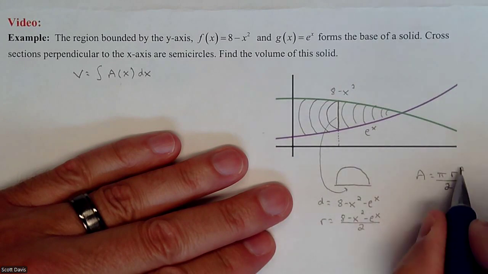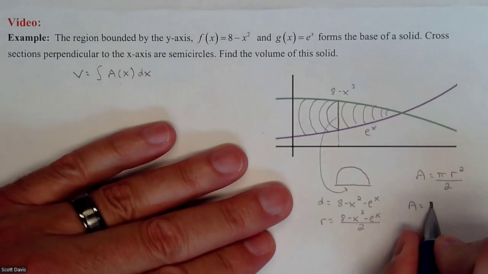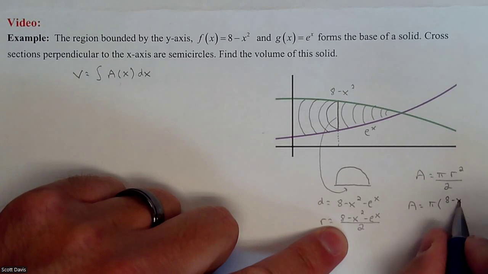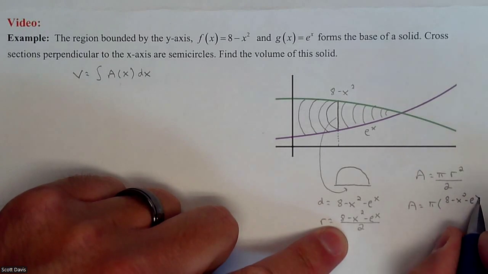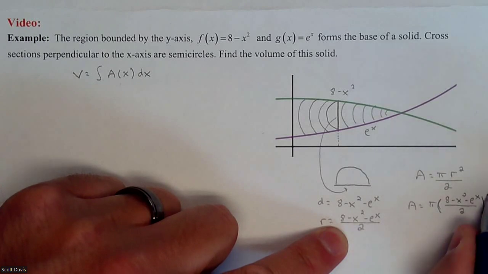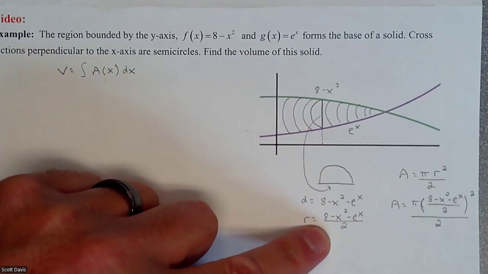That is what we're subbing into this. So our area formula is going to be pi times this, 8 minus x squared minus e to the x divided by 2, and that is our radius squared. Then that whole thing is being divided by 2 because they're semicircles.